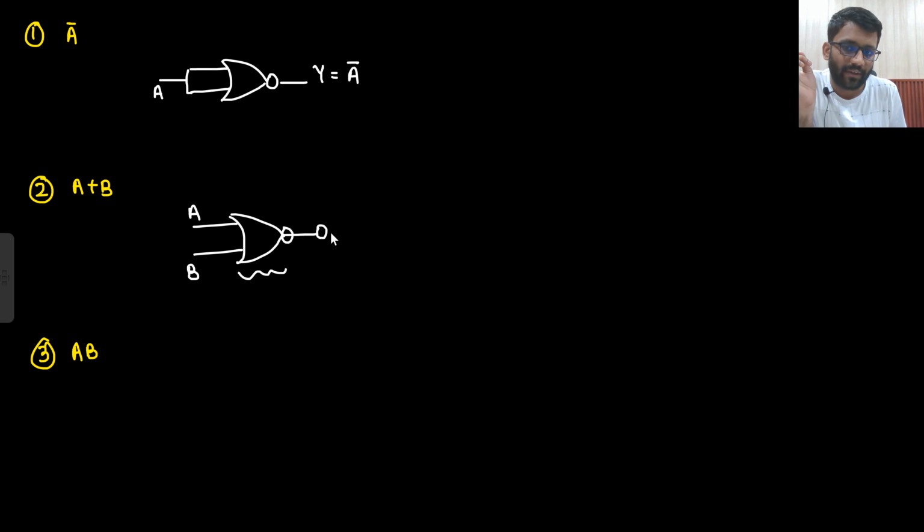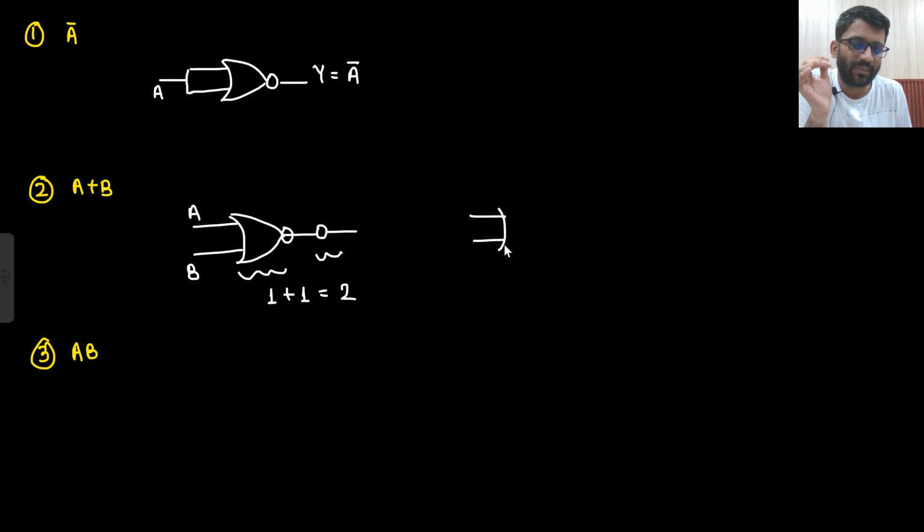Because if I am introducing an inverter, I will have to use another inverter to compensate it. So 1 plus 1, answer is 2. 2 is required. You can make it on your own, right? How will you make it? You can skip this part if you have already made it. This is how you can make it on your own.